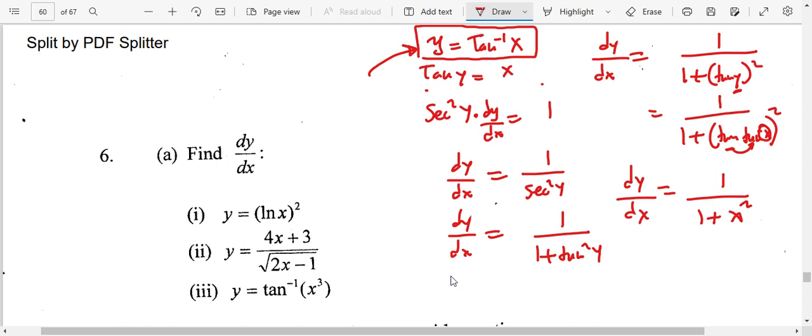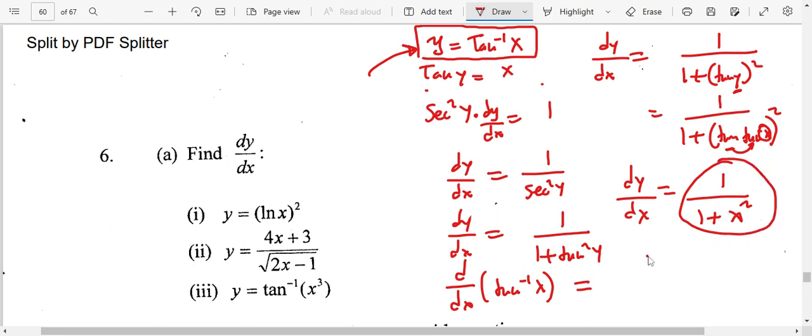So meaning that if I've been given any derivative, for example, d over dx, actually not for tan but for tan inverse. So if I've been given d over dx of tan inverse of x, I'm just going to write in this very same form. Okay, I'm going to say 1 over 1 plus. Now here we are talking of x cubed like this one.